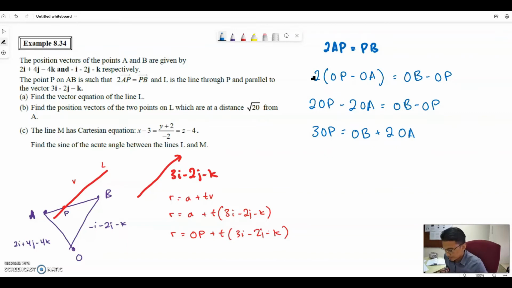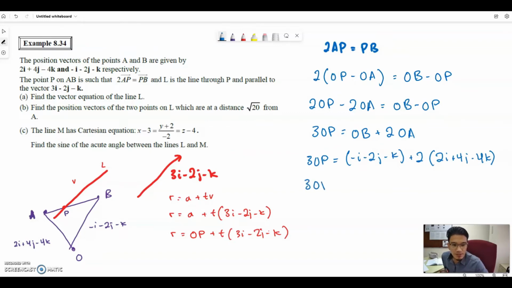We already have OB and OA. So 3OP equals vector OB, which is negative i minus 2j minus k, plus 2 times OA, which is 2i plus 4j minus 4k.